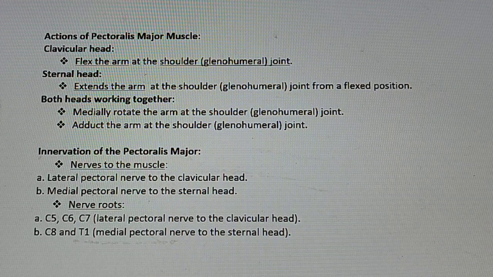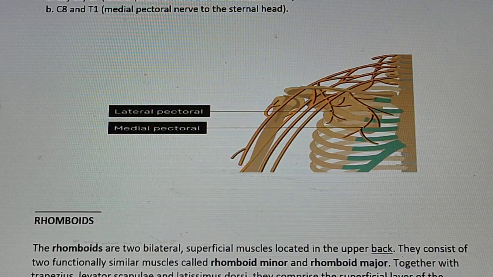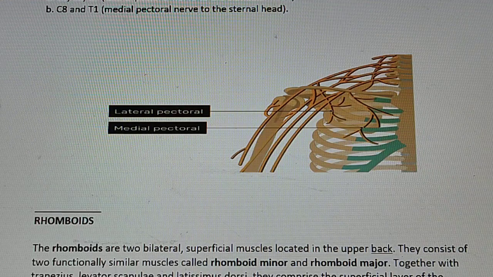So take a look at the information here, guys. There's a picture here too, so you just have to take a look at it. You're going to see the lateral pectoral nerve and the medial pectoral nerve, the nerve innervation of the pectoralis muscle.